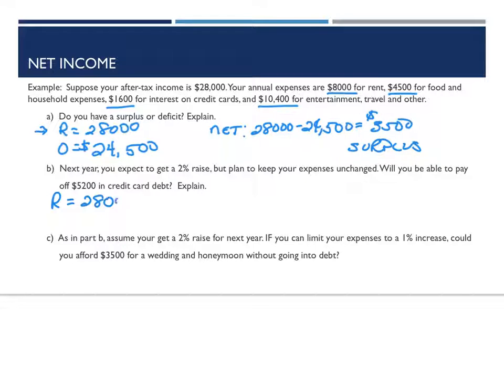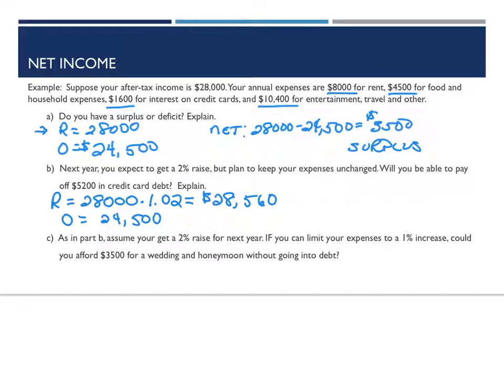So that's $28,000 times 1.02, 100% of what you had, plus 2% more, which means your receipts will now be $28,560. But your expenses, or your outlays, will remain the same.